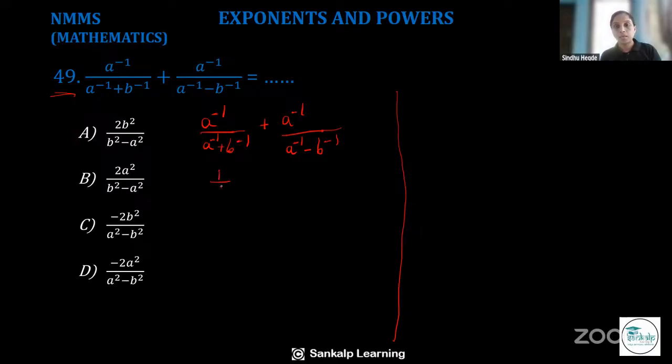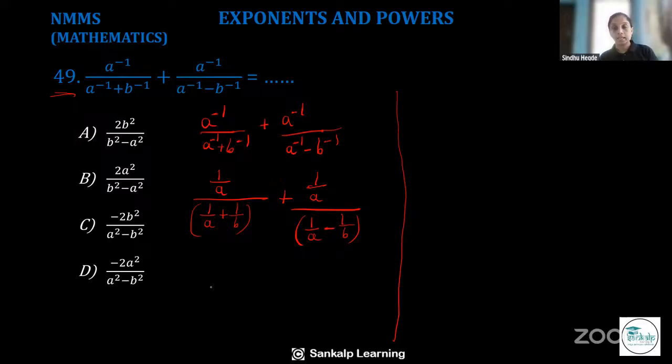It becomes 1 by a divided by 1 by a plus 1 by b, plus 1 by a divided by 1 by a minus 1 by b. Now take the LCM and simplify the terms.